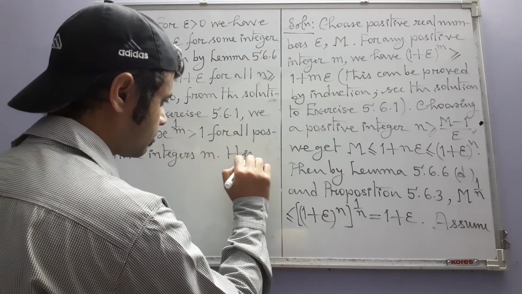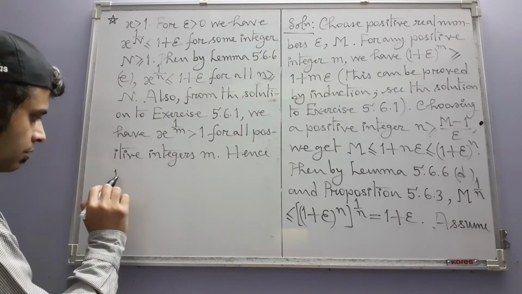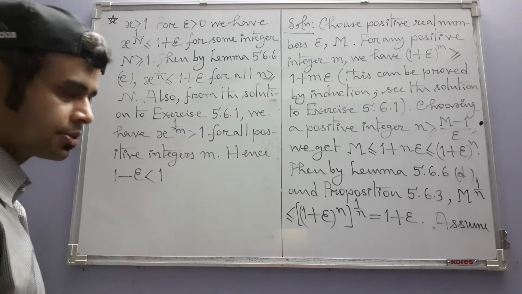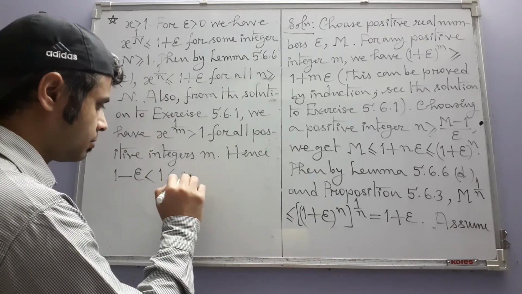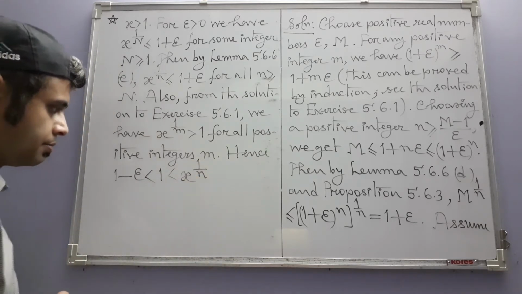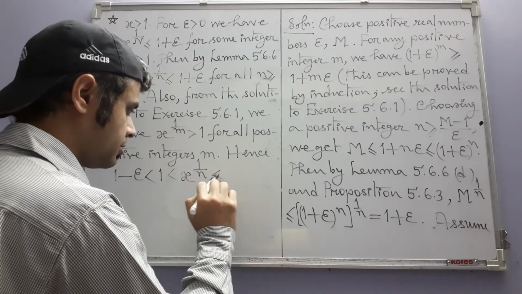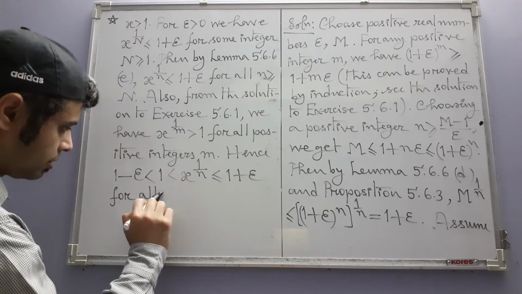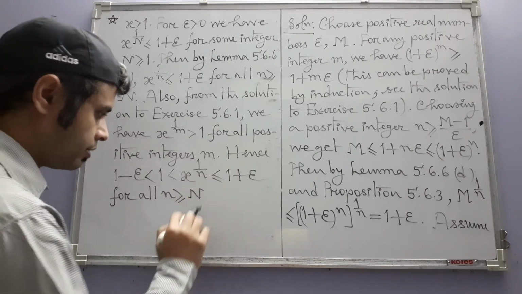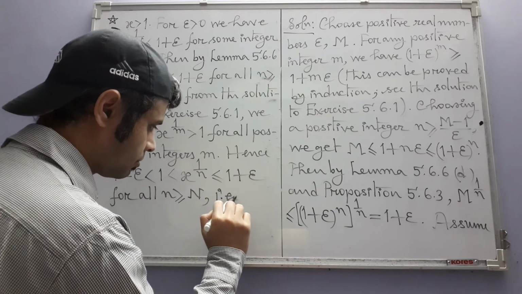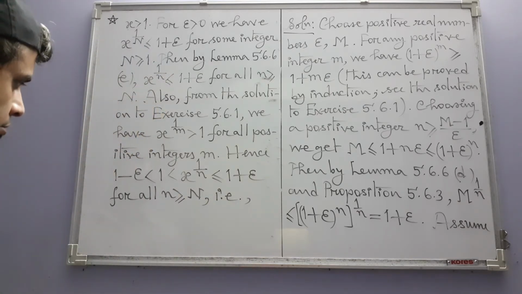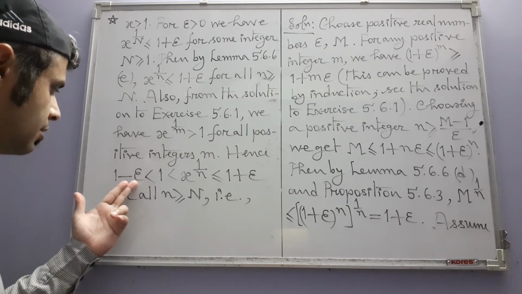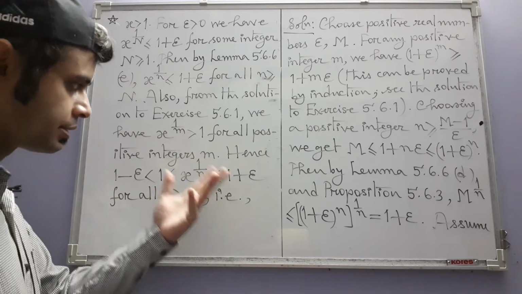Hence one minus epsilon, which is definitely less than 1 because epsilon is positive, is less than x to the power 1 over n, and that is less than or equal to 1 plus epsilon for all n greater than or equal to N. That is, if you write these inequalities, it means 1 minus epsilon is less than or equal to the nth root of x, which is less than or equal to 1 plus epsilon.